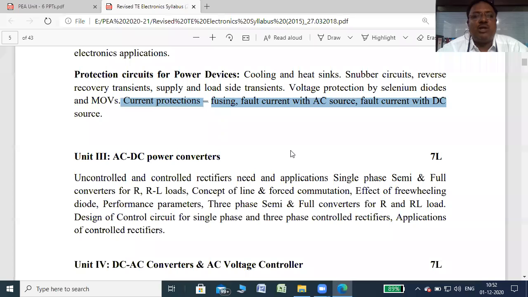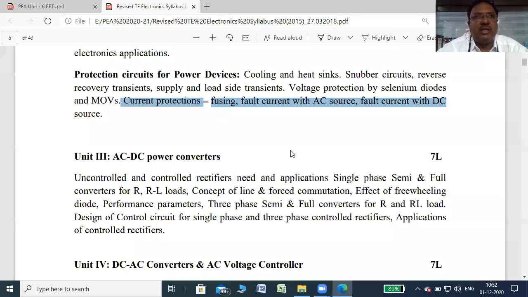And at the same time, whatever protection circuits are given in your syllabus, that we have covered, but protection circuits are not limited to this. So whatever is not given in your syllabus, that we have not seen, but all the topics given in your syllabus we have covered. Okay.